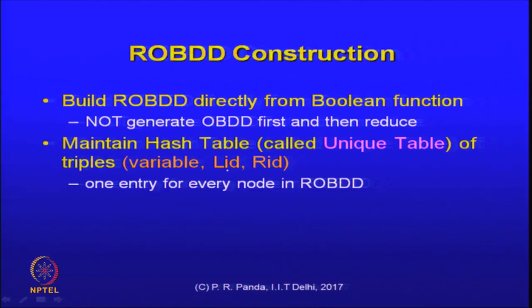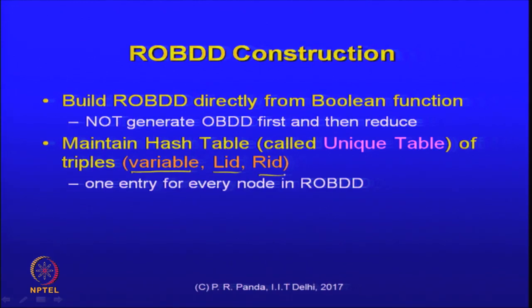This relies on our maintenance of this search structure which we implicitly used in the redundancy removal. I find what is essentially a triple that consists of a variable, that is the index, the ID of the left child, and the ID of the right child.